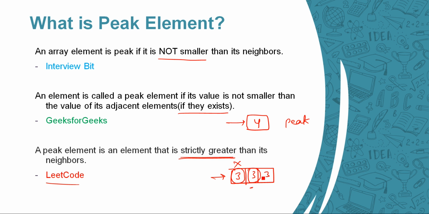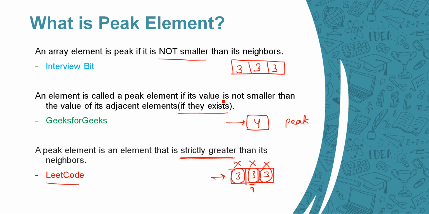Again let's consider this 3. It is equal but not greater than 3, so this is again not a peak element. For this 3, the neighbor is at index 1 and it is also not greater, so this is again not a peak element. But let's take the same example with this definition of GeeksforGeeks.